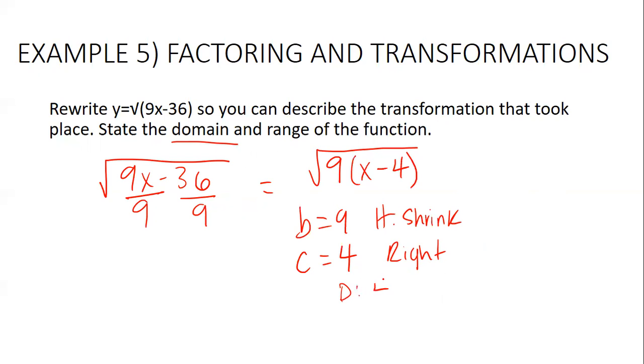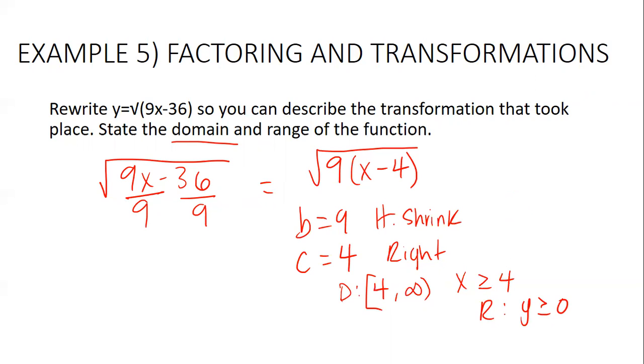My domain now starts at 4 and continues to infinity. Is there a D value? No. So is my range changed? No. So range is still y is greater than or equal to 0.